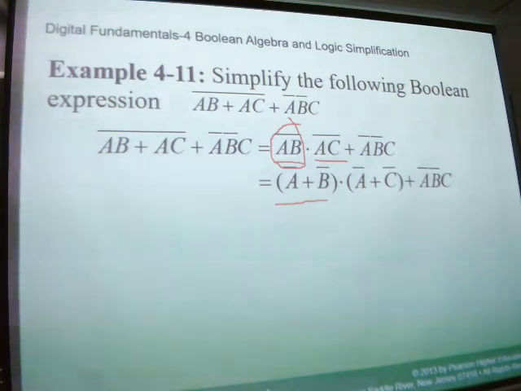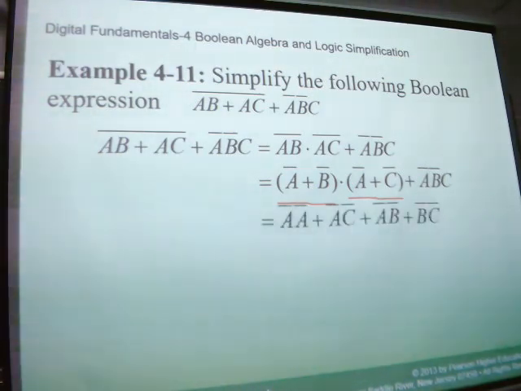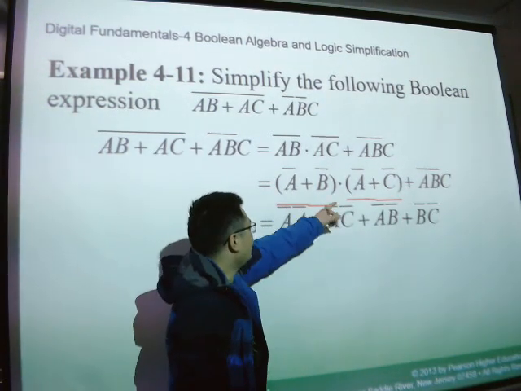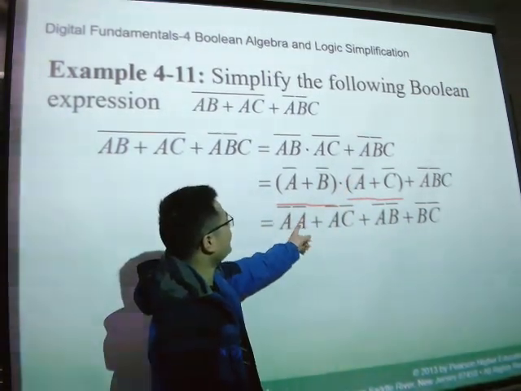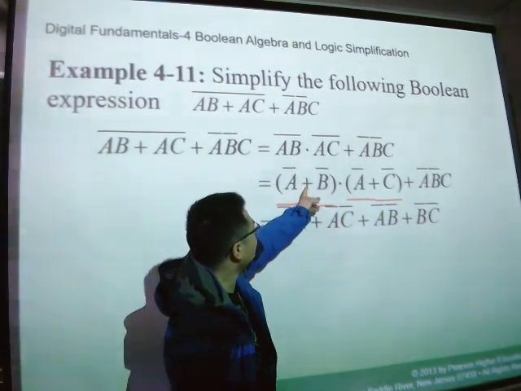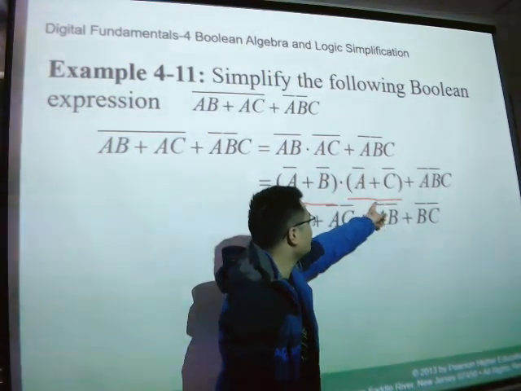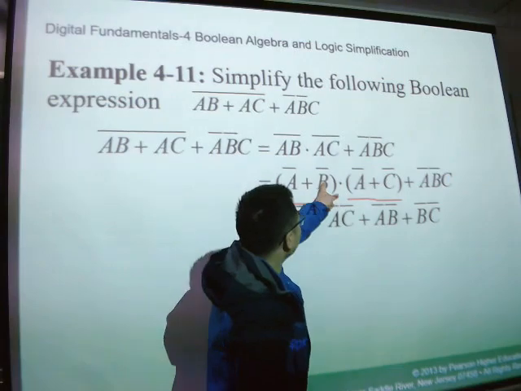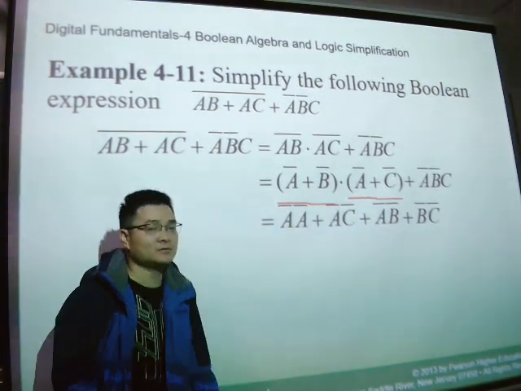And then A bar plus B bar and A bar plus C bar equals A bar and A bar plus A bar and C bar, and plus B bar and A bar, and then plus B bar and C bar, right?